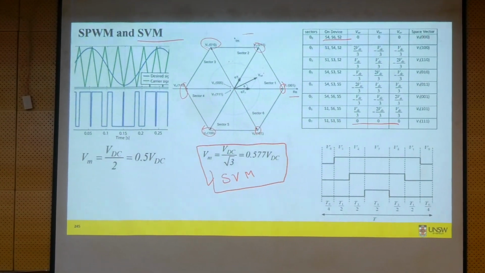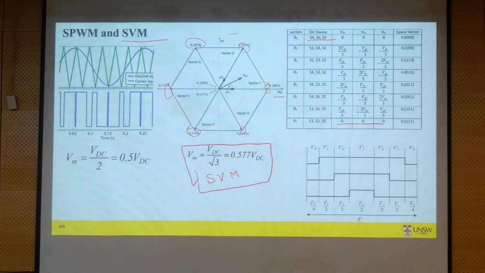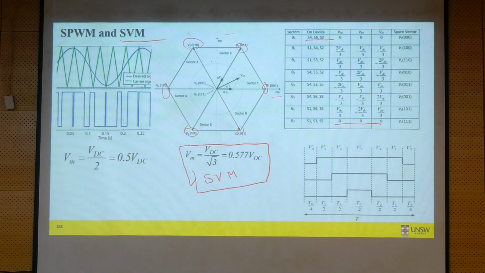So the voltage vector required by the motor can sit in any one of these sectors. Let's say it is sitting in sector number 1, as shown here. To get this voltage vector, one of these 2 space vectors must be activated, so that you can get the resultant vector here.